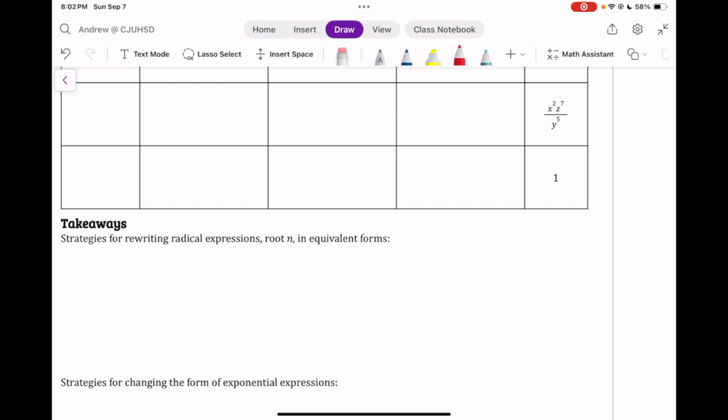What we can do is write the expression under the radical in terms of prime factorization. So prime factors is a strategy, and look for groups. In fact, if it's the nth root, look for groups of n.